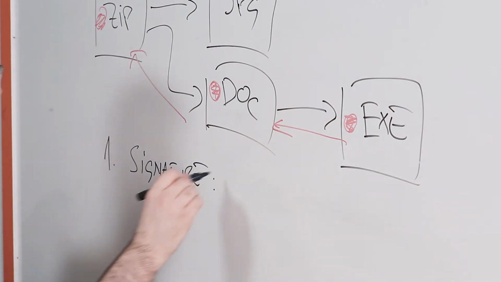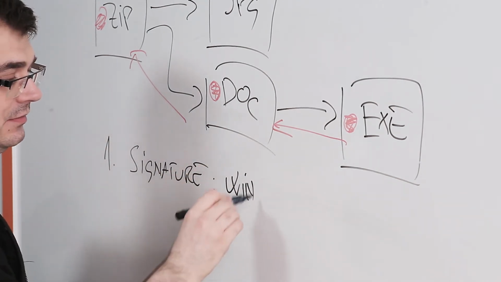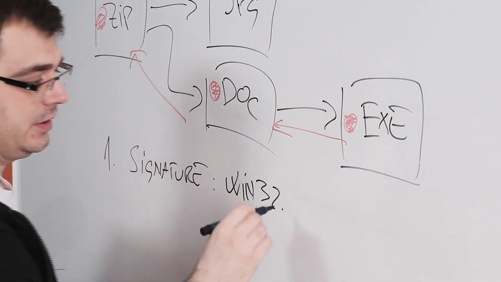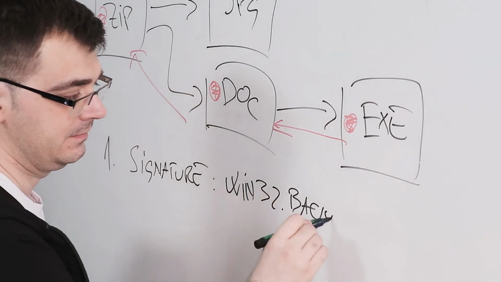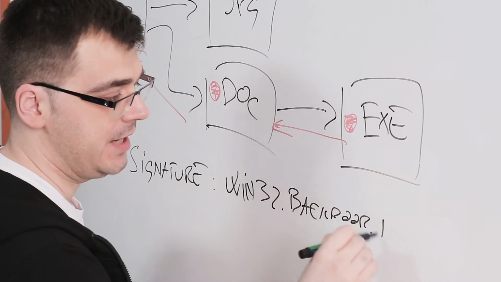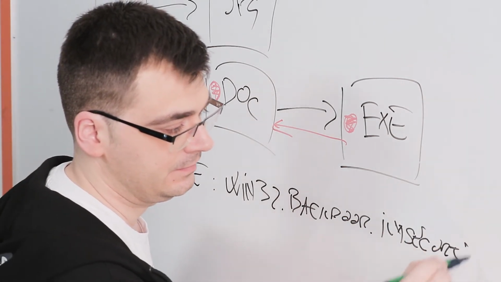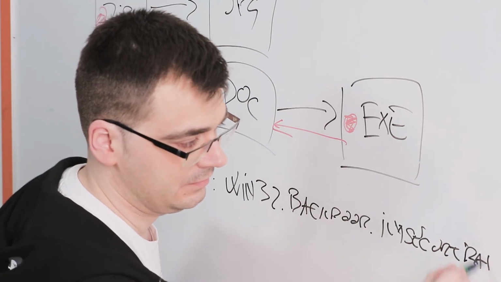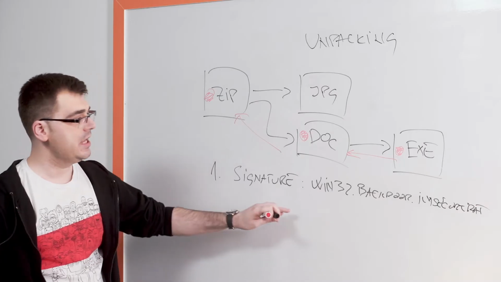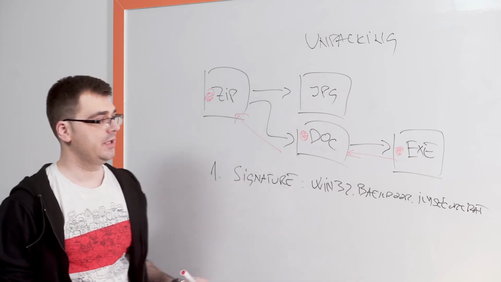And let's say that the name that signature assigns to the file is win32.backdoor.imsecureat. Right? So that's the name which uniquely identifies this particular threat.